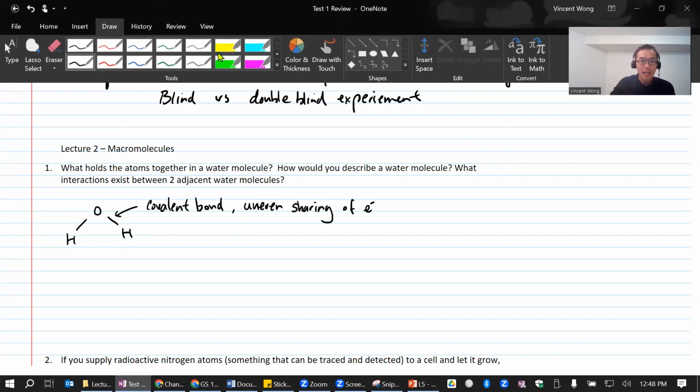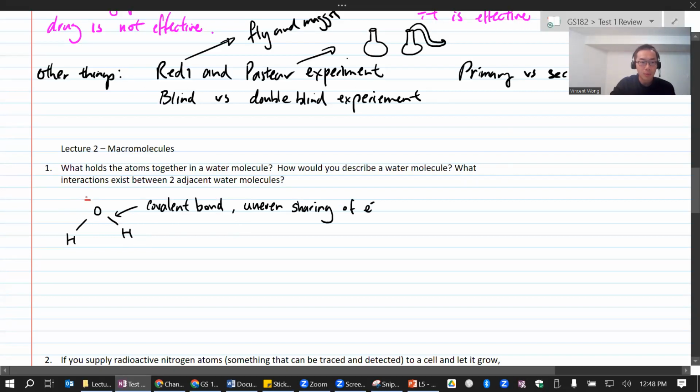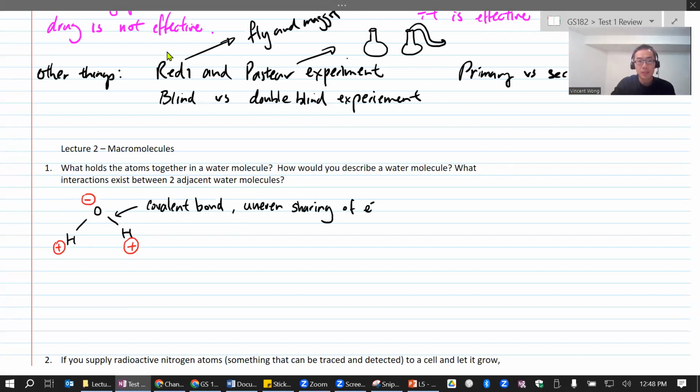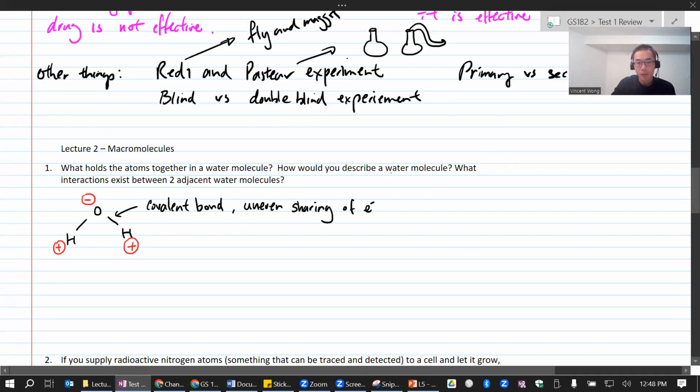Because of that, part of the water molecule is negative, part of it is positive. Overall, the molecule is still neutral. So how would you describe a water molecule? It is neutral, but polar. Polar means part of it, the oxygen, is slightly negative, and the hydrogen is slightly positive.